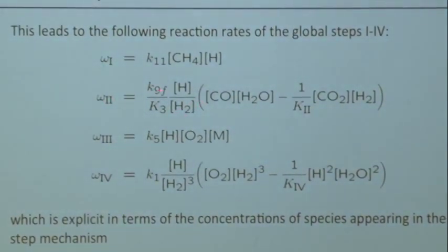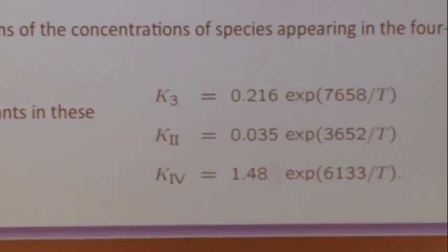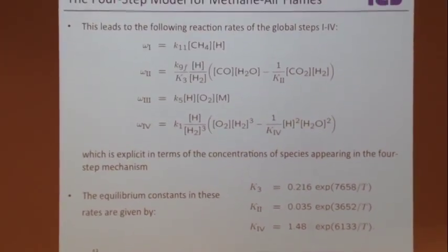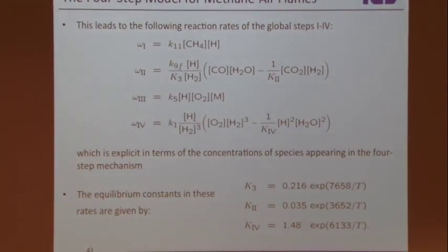And these are the equilibrium constants that are missing here. So this 4-step mechanism gives us the reaction rates, expressed only in terms of the species that you solve for. So this is a closed system. You can use this to do flame calculations.